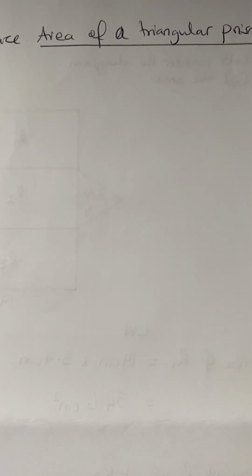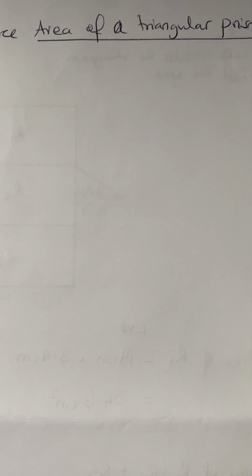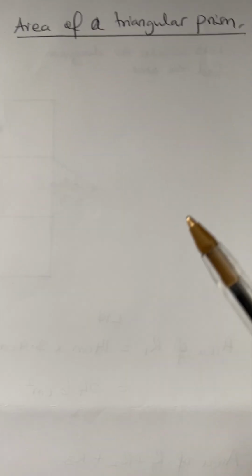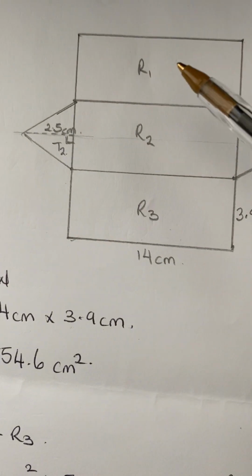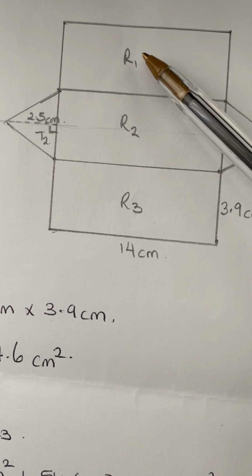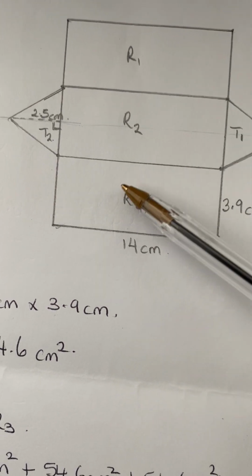Okay, they might give you a shape like a cuboid. Okay, because at times you might have the formula and you might be thinking which is which. Okay, but there are times too they might not give you the prism for it to have equal rectangles.